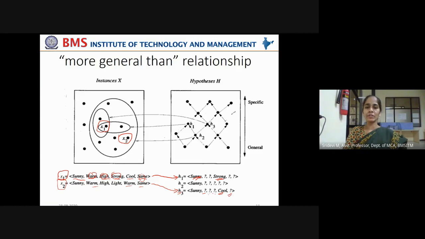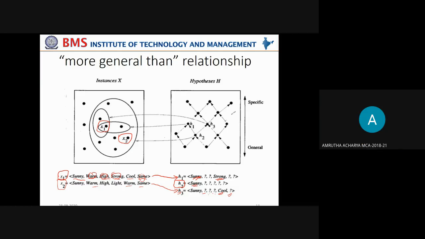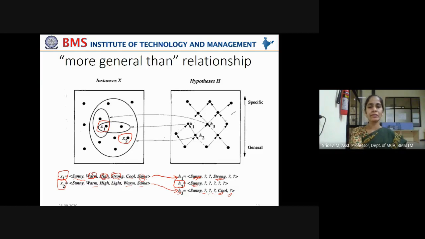Okay, this is hypothesis H3. Now, he has a more general expectation, means he is only bothered about the sky condition, sunny, and he is okay with any other combination. That is H2. Now tell me which is more general. Can you make two mathematical expressions?